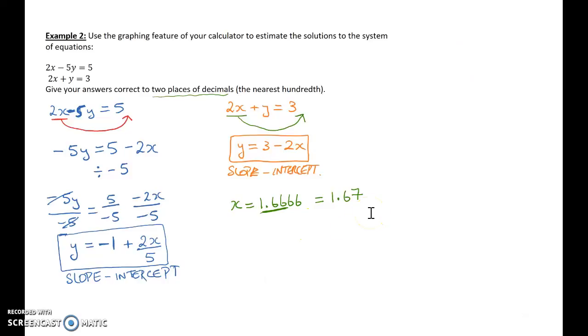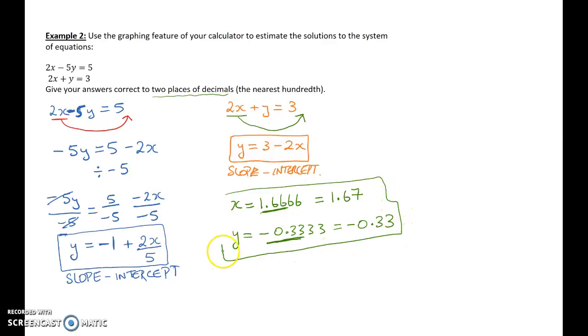So the y is equal to negative 0.3333, and if we just go for the first 2 decimal places, it's negative 0.33, and this is less than 5, so it stays as negative 0.33. Okay, so those are our answers.